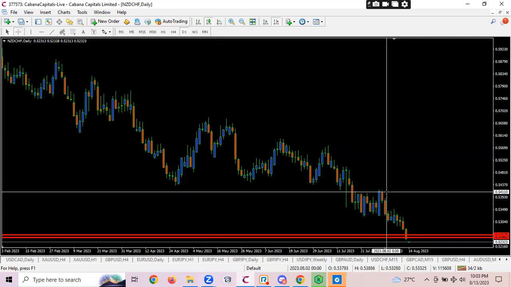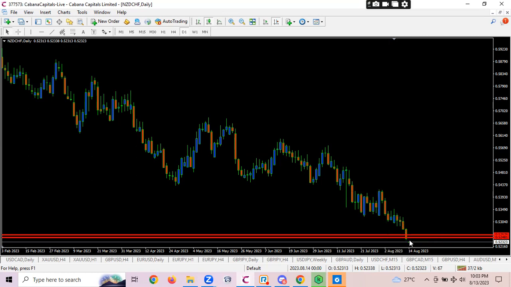From this point to this point is how many pips? 175 pips. Why would you want to join a trade that has moved in your direction 175 pips? If you execute the trade now, you are most likely going to set your stop loss using the high of this candle or the high of this candle.